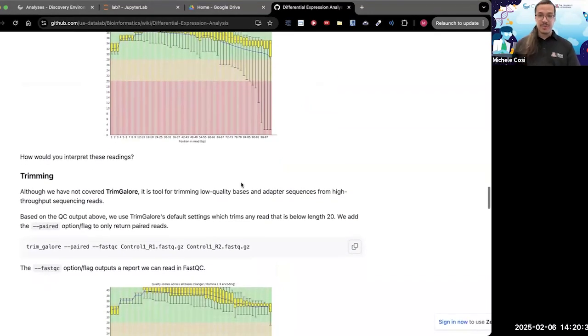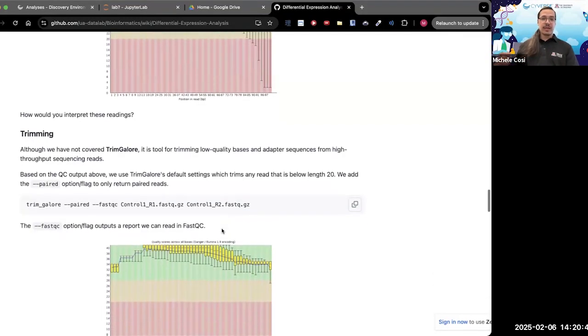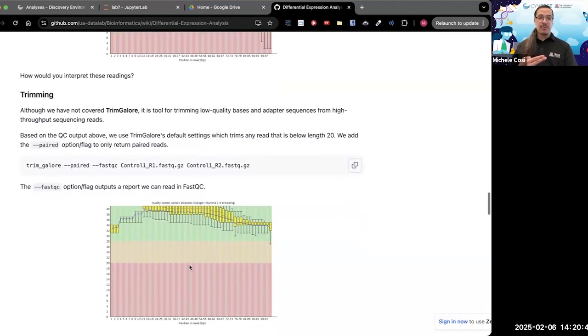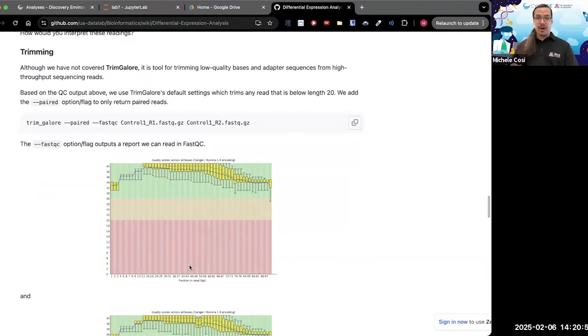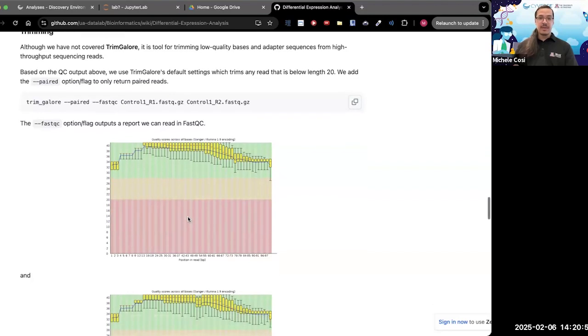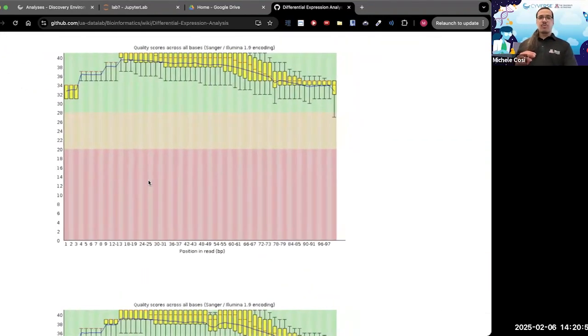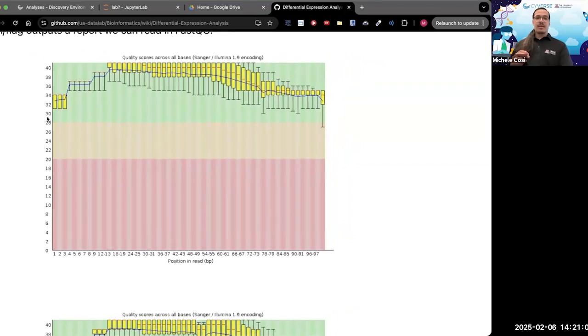I always catch myself saying Trimmomatic at that point. With Trim Galore, we use the standard settings, cutting every read that's below 20 bases long, and we have improved the quality of our reads. In short, this is something that I said last time around as well. What you want is to have most of your reads above the green or within the green line.